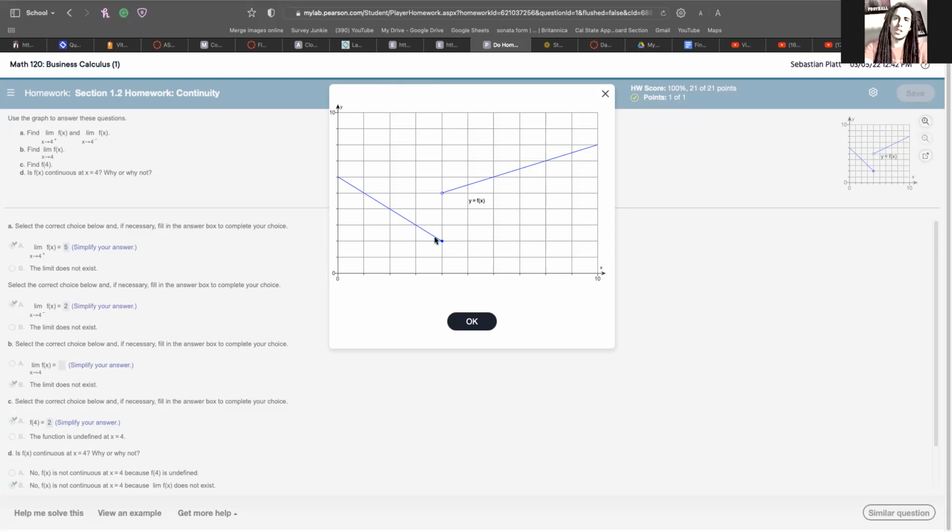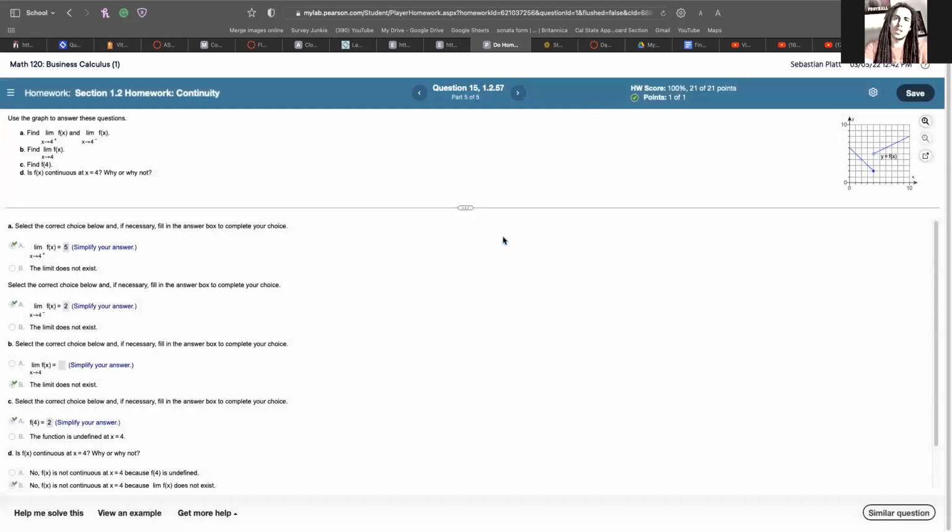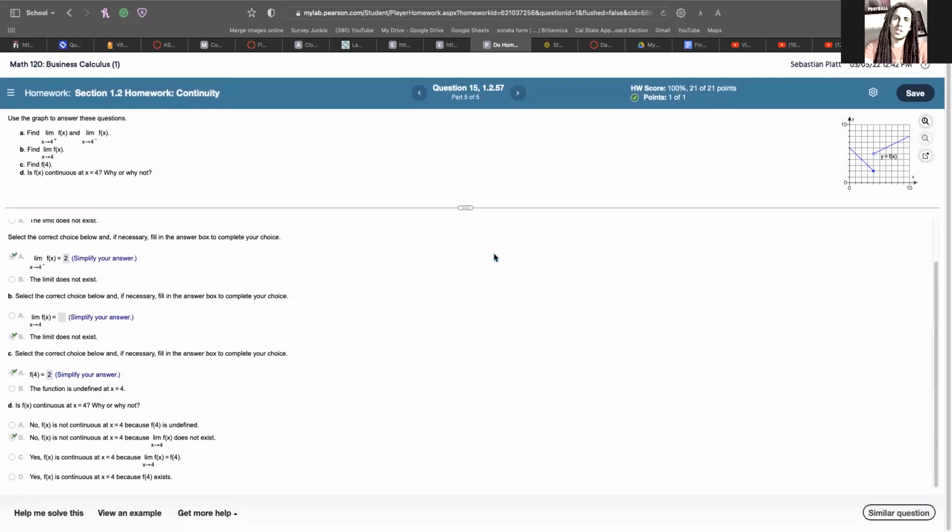So then, for the function value, the f of 4, is it 2 or is it 5? Or is it undefined? The answer is 2, because at y = 2, there is a closed circle rather than an open circle at y = 5. So then we've got to answer the question on whether or not f of x is continuous at x equals 4, and explain why or why not.